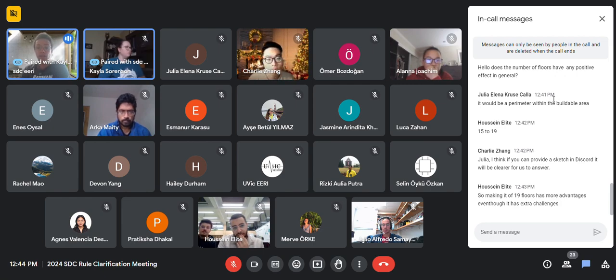And for some other teams, if the teams are small, just completing 19 stories could be more challenging than completing 15 stories. So the answer is really dependent. But if you don't have any limitations, then go for 19 floors.